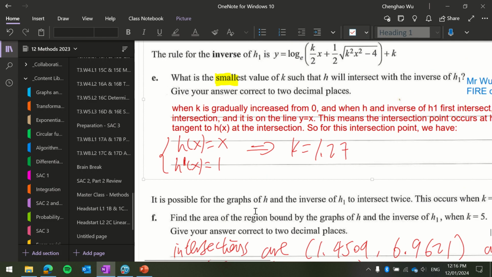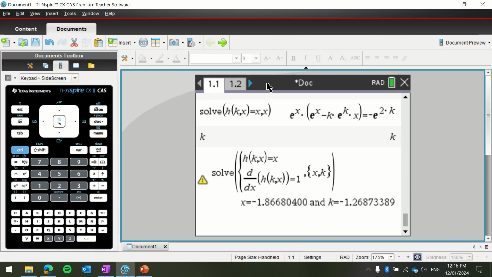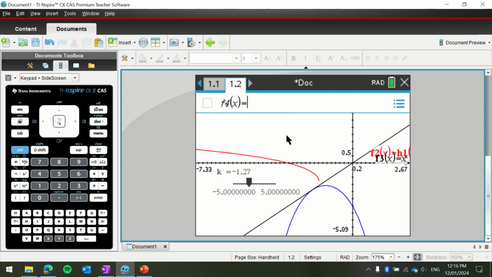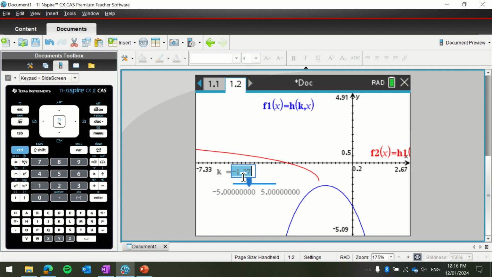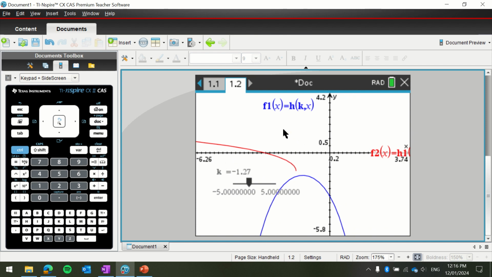If you're putting k equals negative 1.27, you can see that the two graphs are getting close, but they're not there. Well, at least they exist, so that's good.